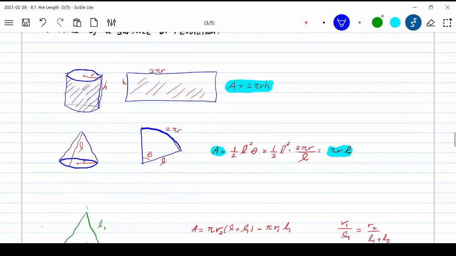This is nothing really new. This is trigonometry. You should have seen this.